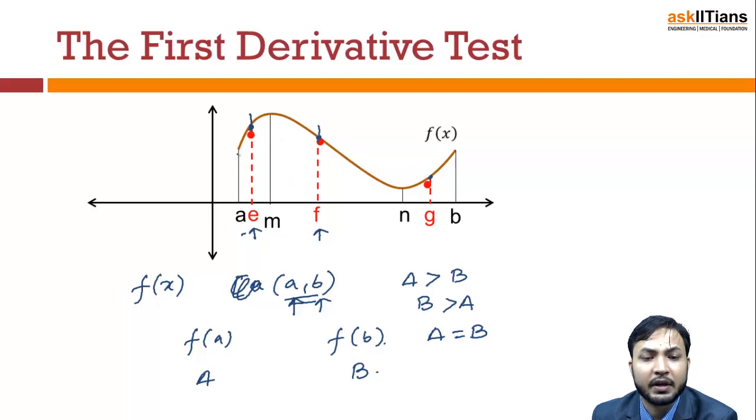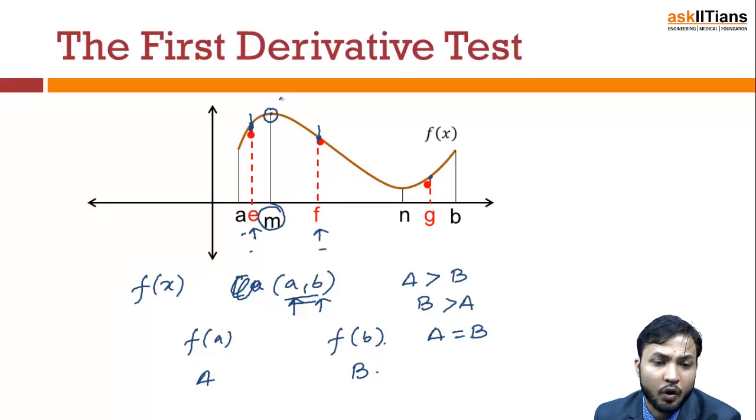In this area, the function behaves in such a way that there is some value I get for f(e), and some value I get for f(f). At this point m, the function takes its maximum value. This is what is called the critical point.